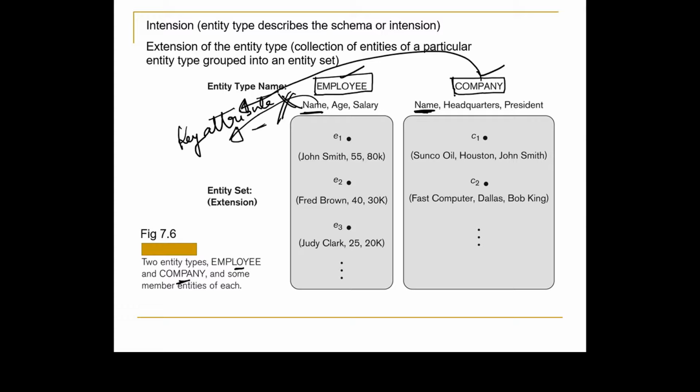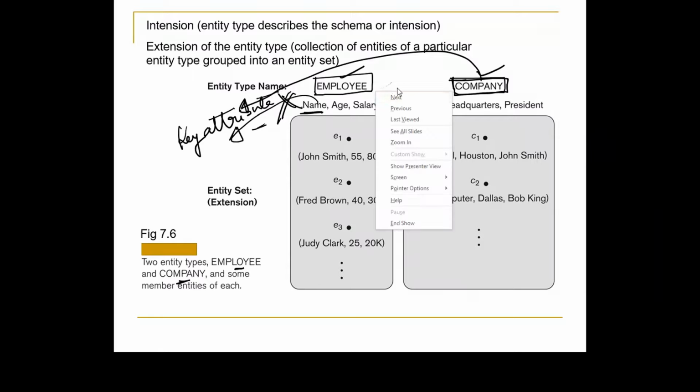We cannot have two Infosys, we only have one Infosys, right? So no two companies can have the same name.